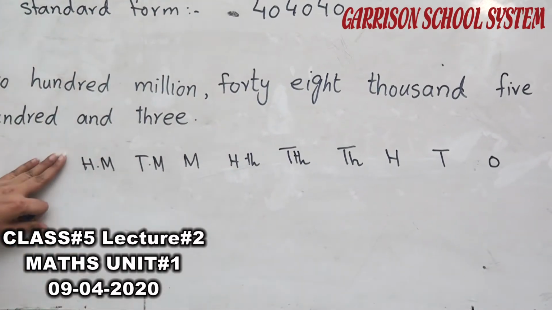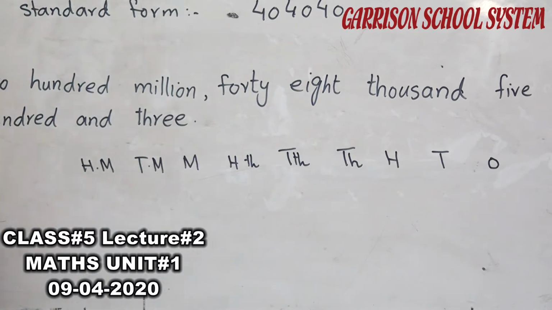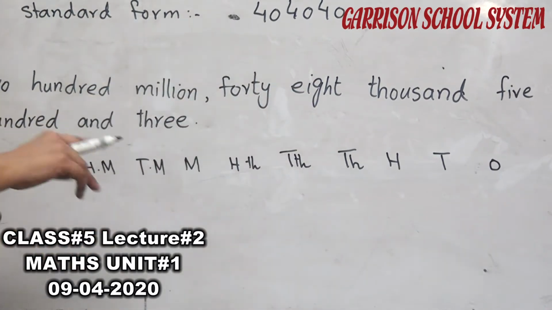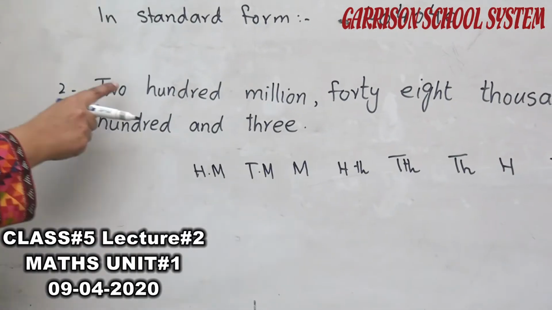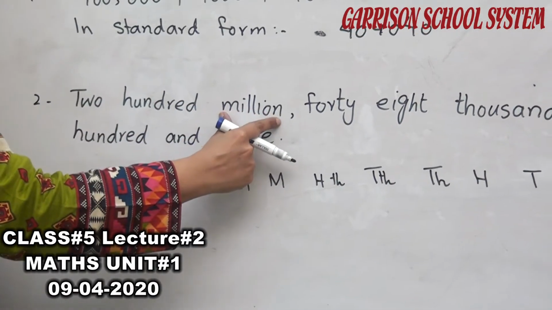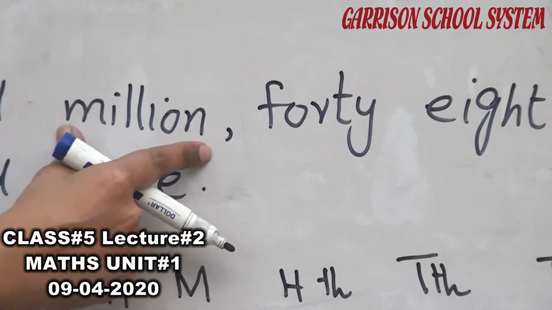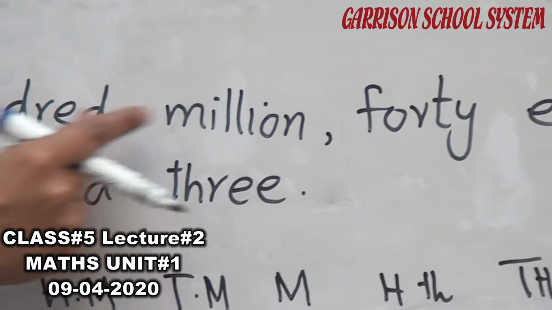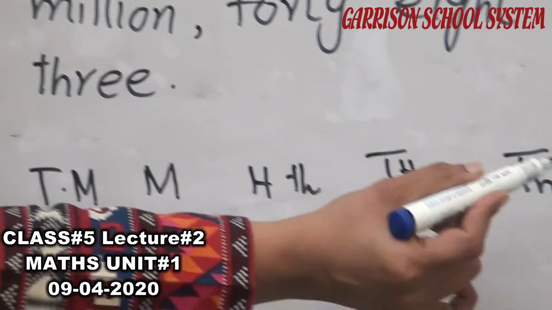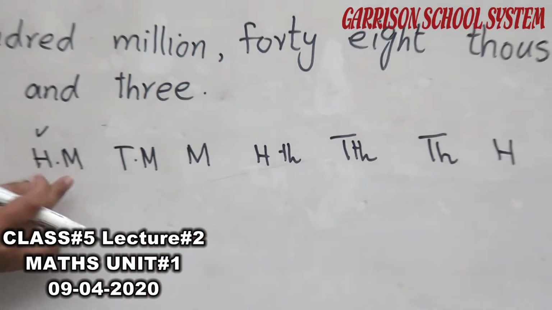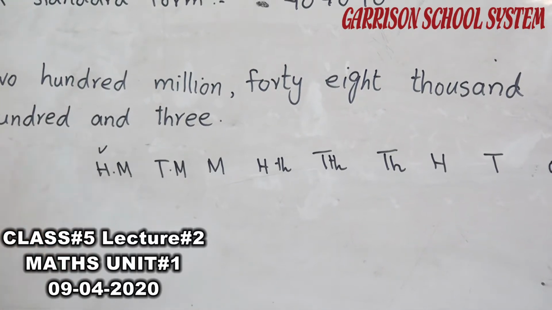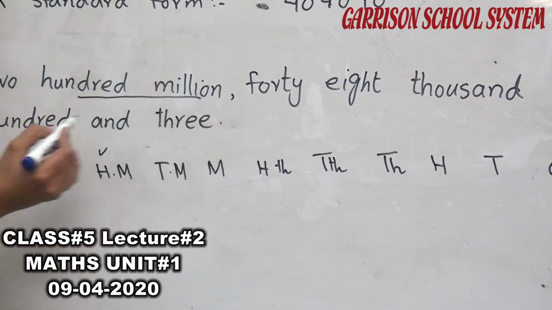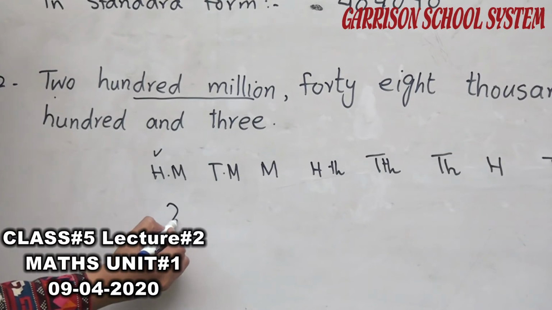You have learned already in previous classes 1,000, 10,000, 100,000 and so on. So we will write now, focus on the word million: 100 million, 200 million. Where is the 100 million? This is the 100 million. So we will write 2 in place of 100 million.